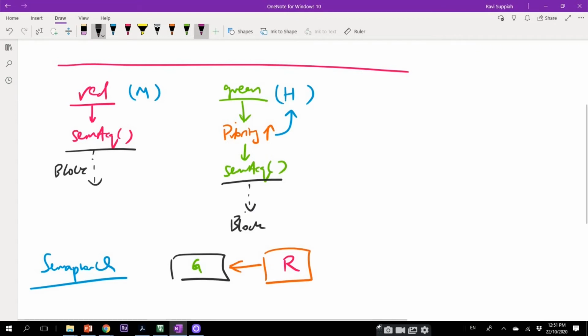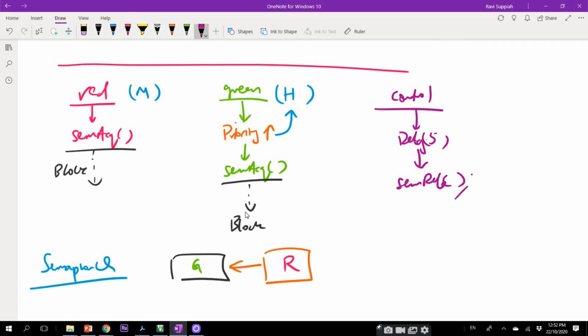Okay, so when the control thread runs, it will again do a delay of 5 seconds, and after that it will do a SEM release. When it does a semaphore release, looking at the queue, the green LED thread is the one that would take the semaphore. It will transition to ready and run, and then be able to control the LED.